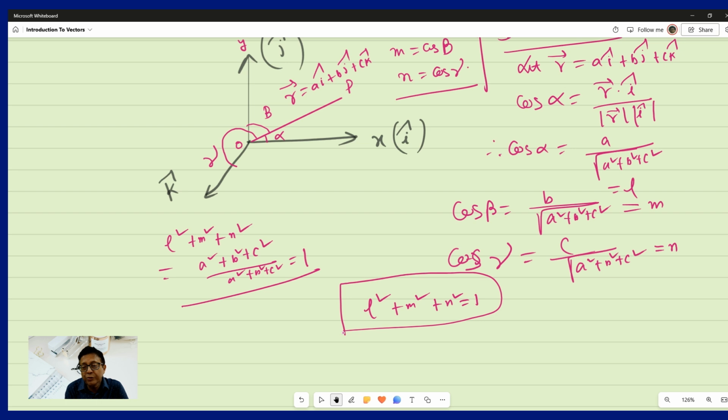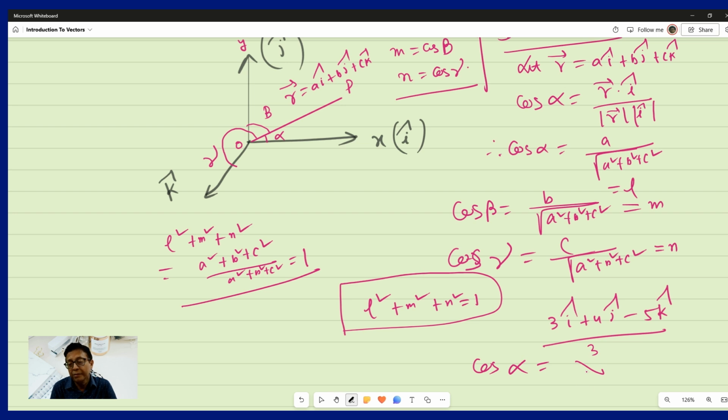So if they have asked you to find the angle made by 3i plus 4j minus 5k with the x-axis, then how to find cos alpha? You can use the formula now. 3 by under root of 3 square, 4 square, 5 square, that is 3 by root 50.